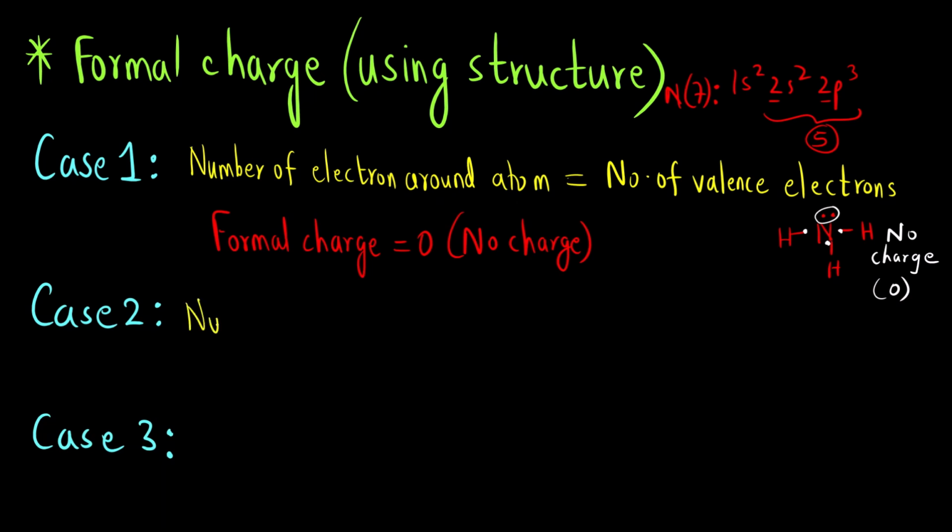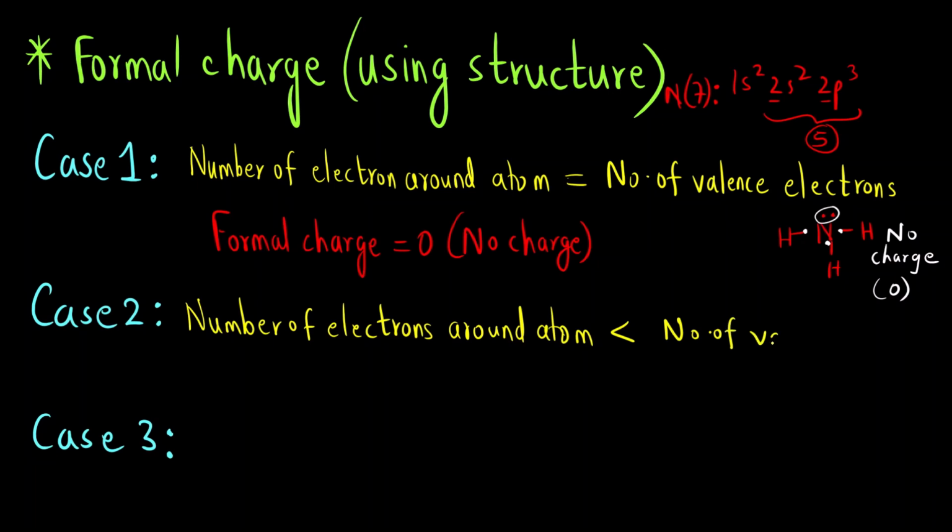Second case is if the number of electrons around the atom in a Lewis structure is less than the number of valence electrons. Okay, in this case, what is going to be the formal charge?